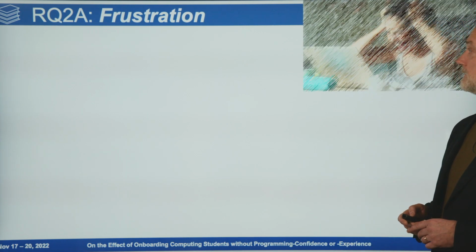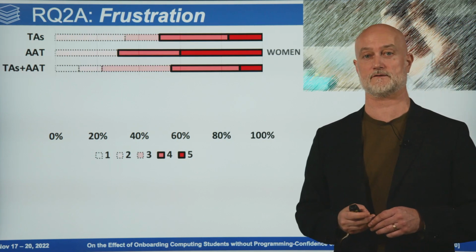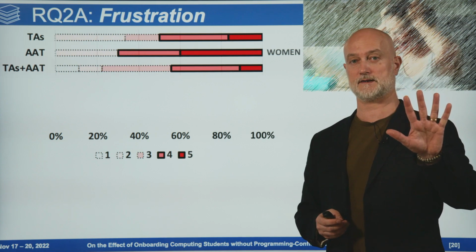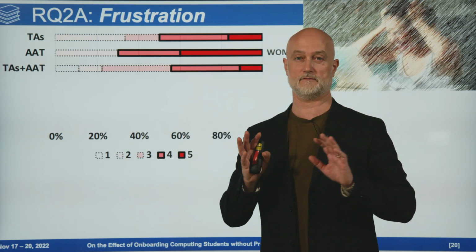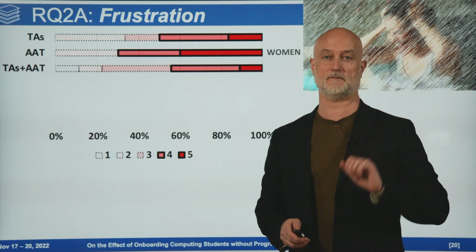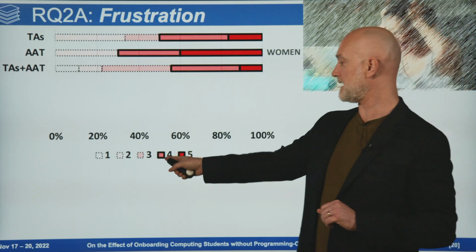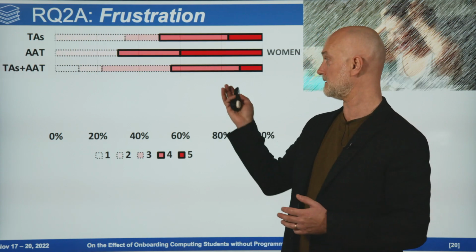So if we look at frustration, here are the results of self-reported frustration during the experiment, and we asked the students to rate it on a scale of 1 to 5, where a rating of 1 would correspond to no frustration, and 5 would be maximum frustration. So here are the results for the women, and we highlight the higher levels of frustration here to make it more easily visible.